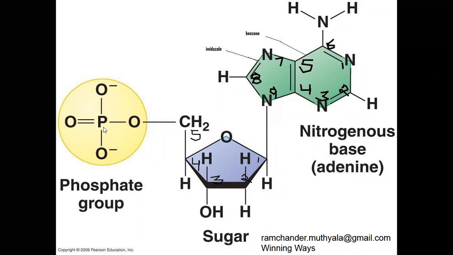Each phosphoric acid is connected with two sugar molecules with diester bonds. Between one phosphoric acid and one sugar molecule, one ester bond is there.